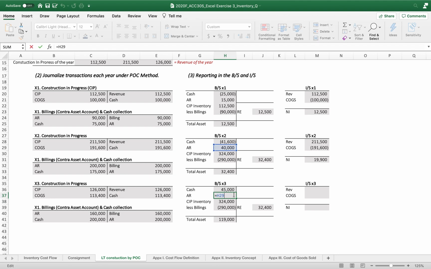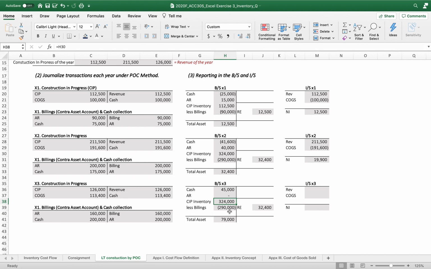And then AR, the AR we recognize plus 160 minus what we received, 200,000. So we don't have any AR because we received all the cash of the accounts receivable.